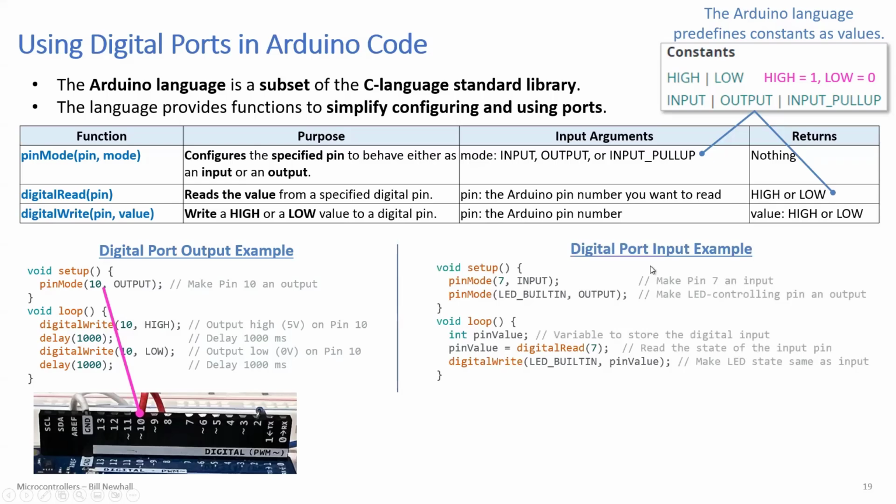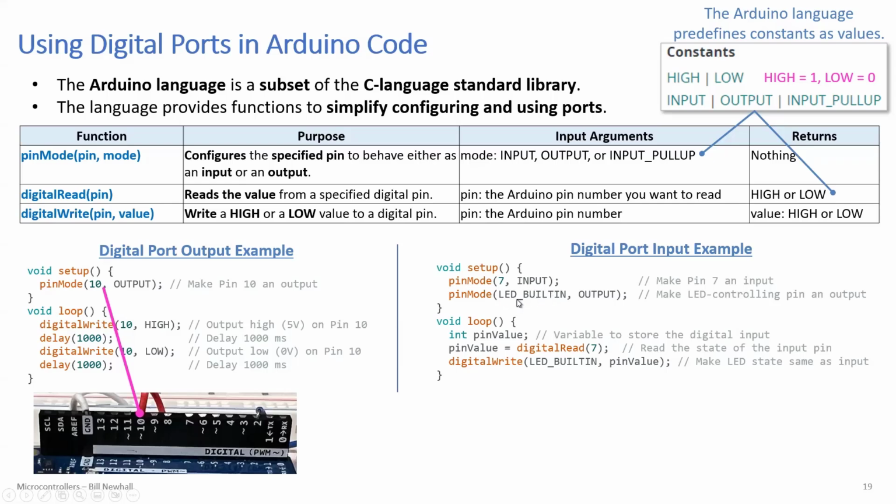Here's the digital port input example. In setup, I've actually set 2 pins here. Pin 7 is going to be an input, and this pin associated with LED built-in is going to be an output. Often these Arduino boards have one of the LEDs on the board connected to a digital port so that you can blink the LED. It's good for troubleshooting. It's often good to blink an LED to see your program is running, or you can debug using that.